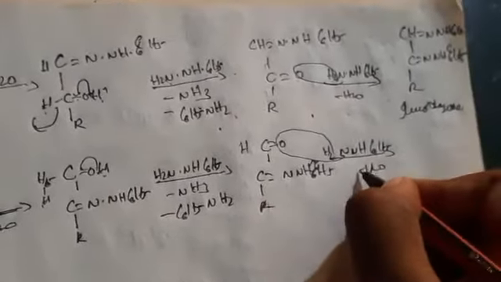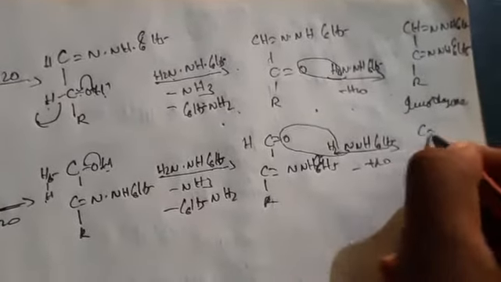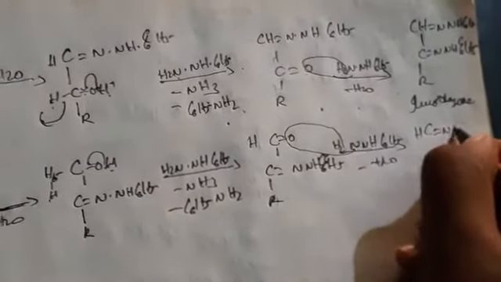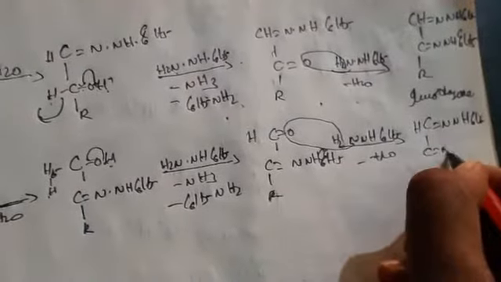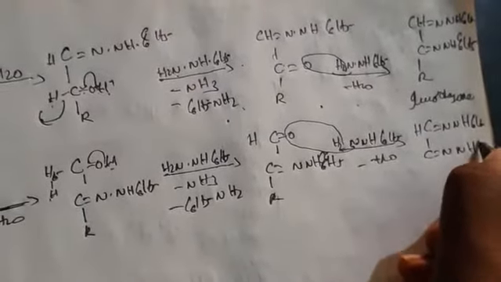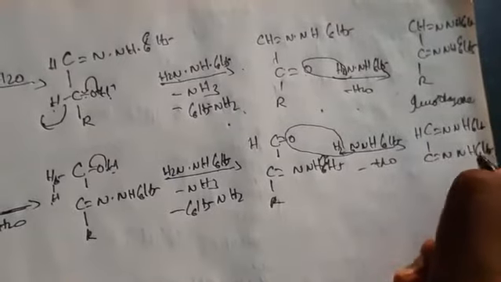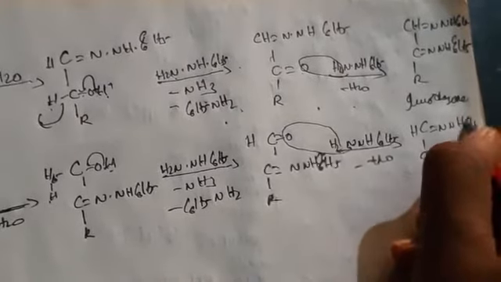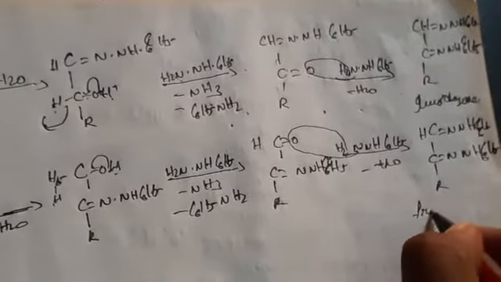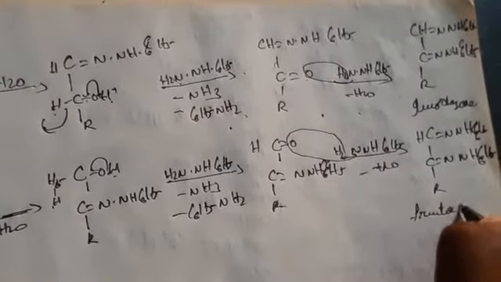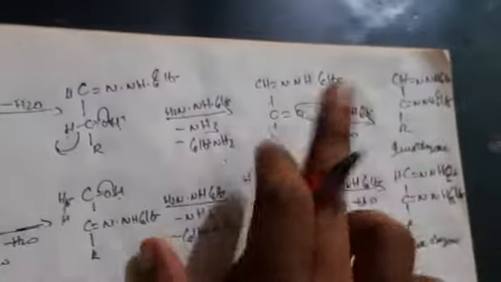So you will get CH double bond N NH C6H5, C double bond N NH C6H5, R. Fructosazone. Okay, see here, coming to the products, we got the same products, but the positions are the same.